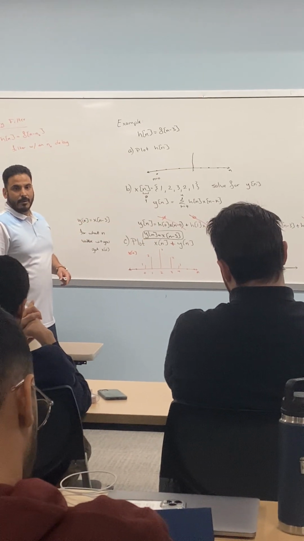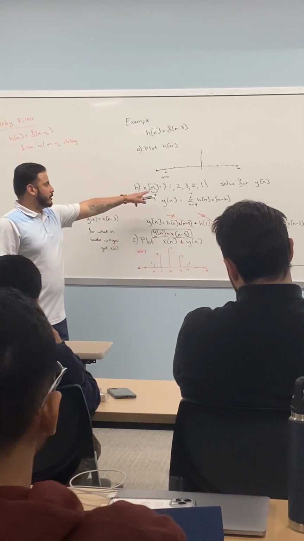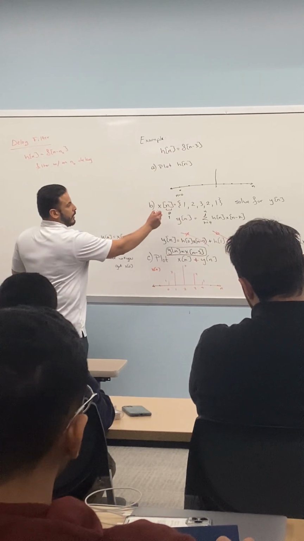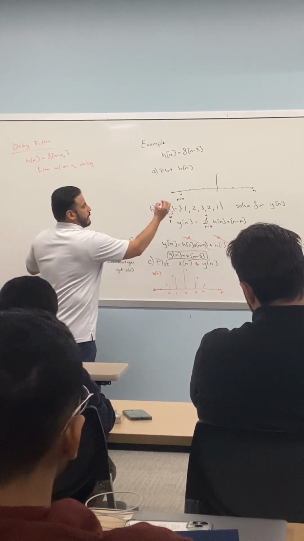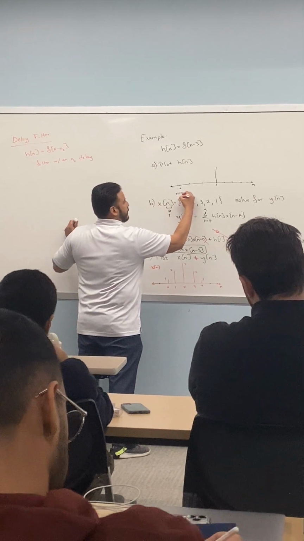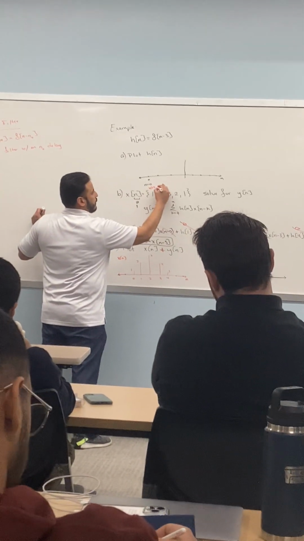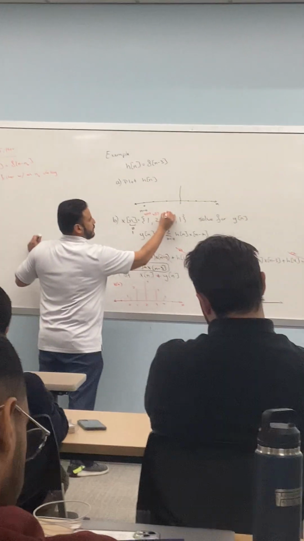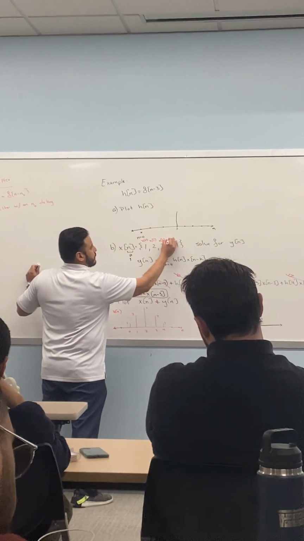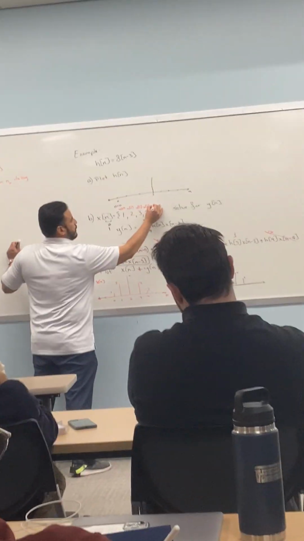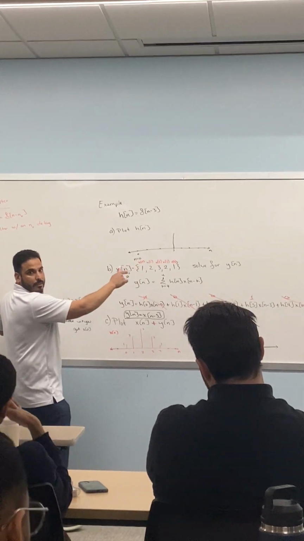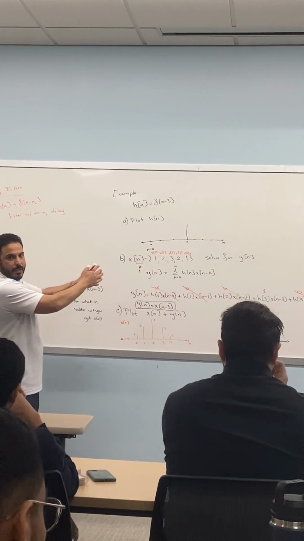But how do you know the magnitudes? Because it's just your x of n. This is x of 0, this is x of 1, this is x of 2. It's kind of like an array, right? This is x of 3, this is x of 4. Each individual component is a place value for that array.